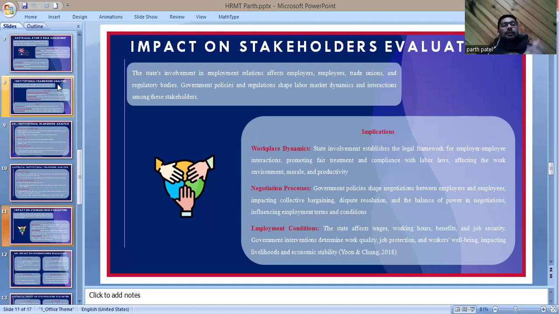They are interconnected with each other, and with the help of their policy and regulations, they can control things and give more benefit to labor. Some implications: workplace dynamics.